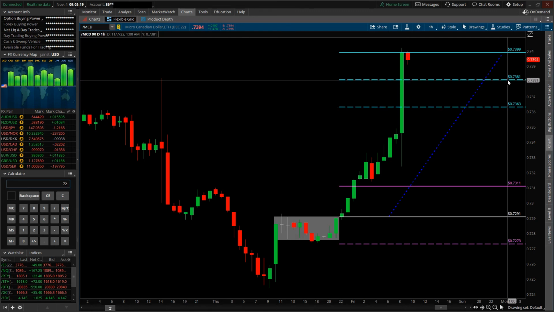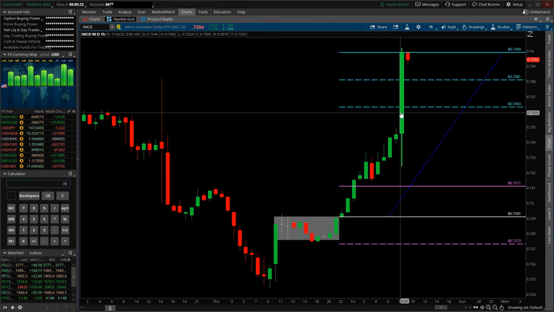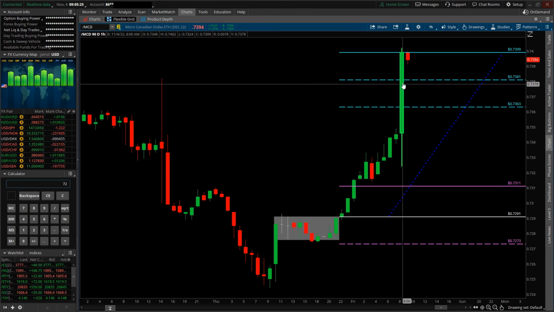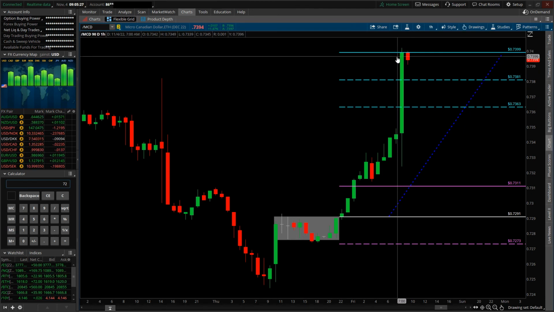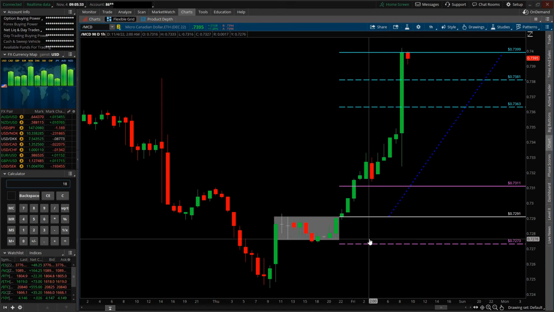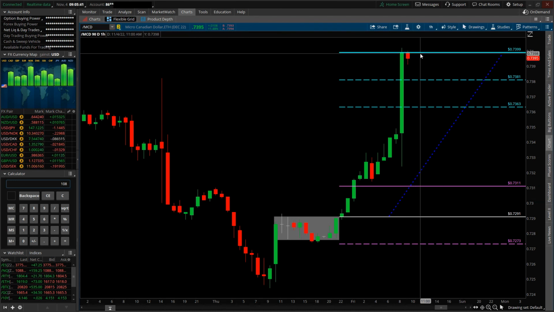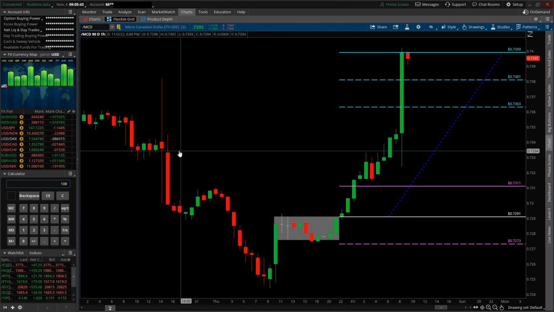Then I moved it up in my last recording to 5, and then when I saw the move pushing higher, I bumped it up to 6x risk to reward. So at 18, because again, I was risking 18 times 6, it's 108 ticks to the 6x risk to reward.